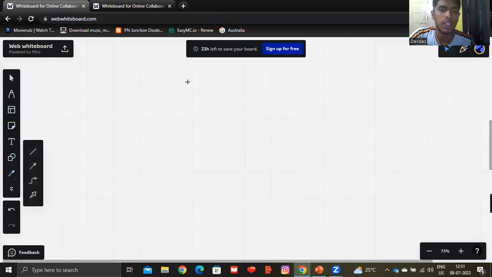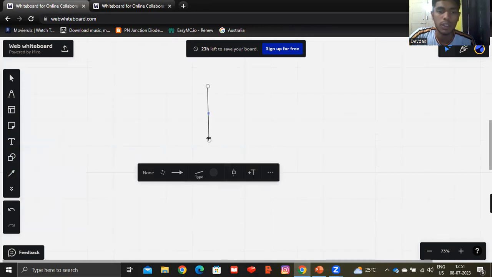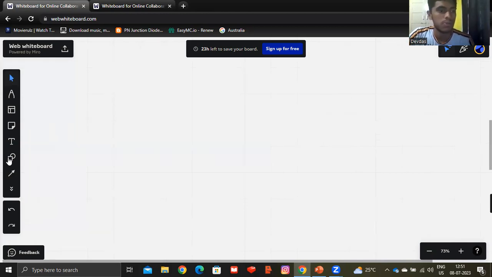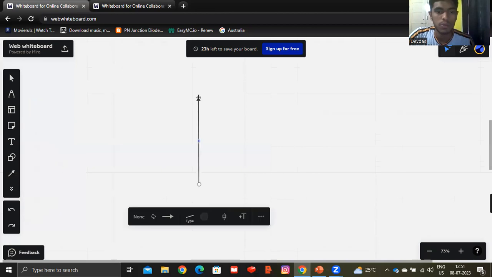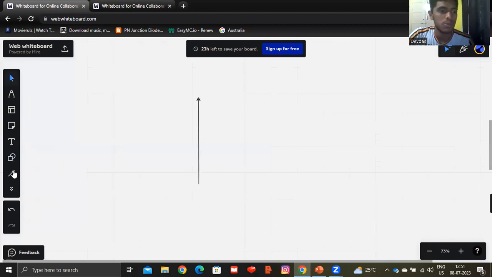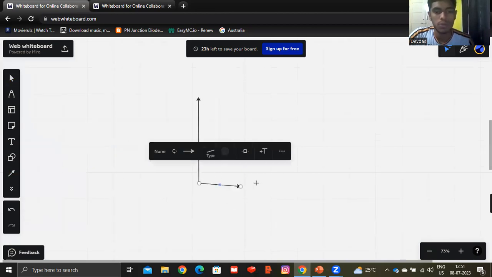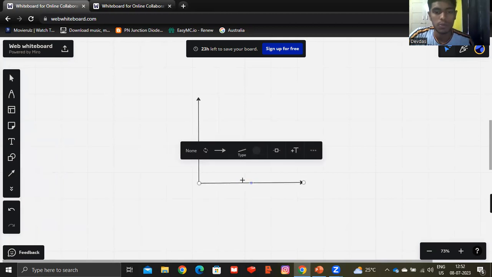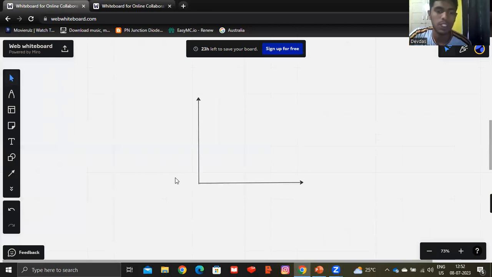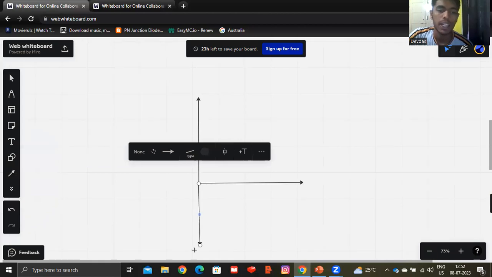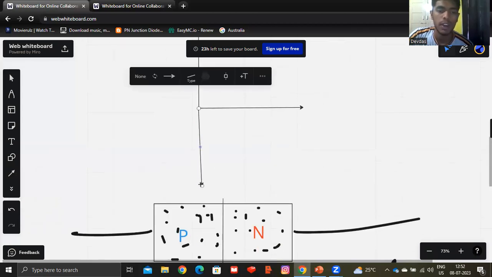So let us try to understand what the characteristics of an ideal diode would be. There would be zero flow of current in the reverse direction due to infinitely high resistance in the reverse direction.